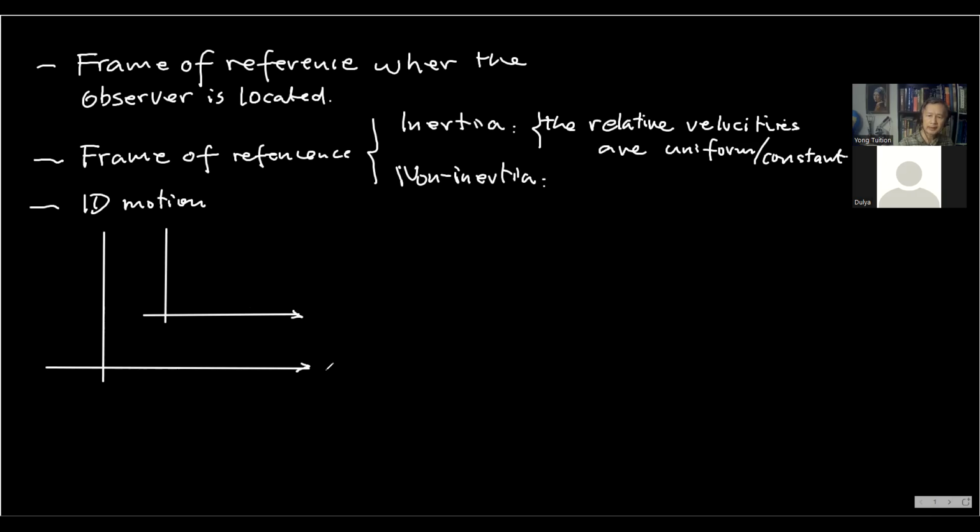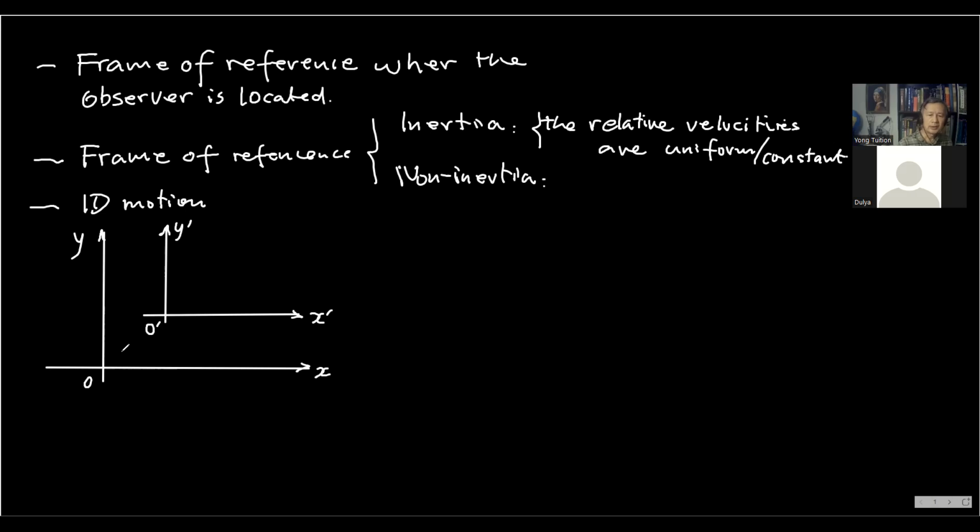Can we call it X? To differentiate these two frames of reference, I use X dash, not the first derivative, just a different X. It just means it is the X in the other frame. This is frame one, and this is Y, this is 0 dash, and this is 0.